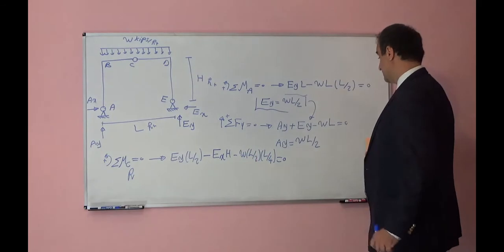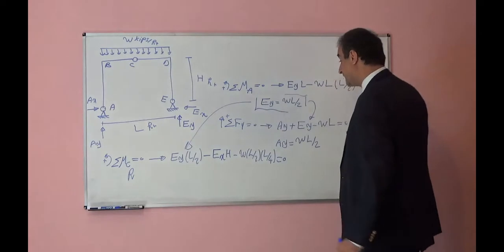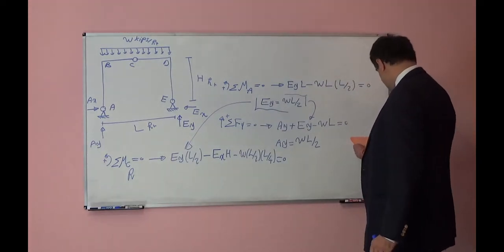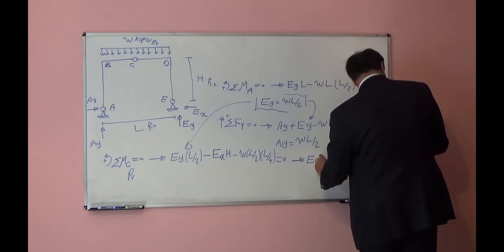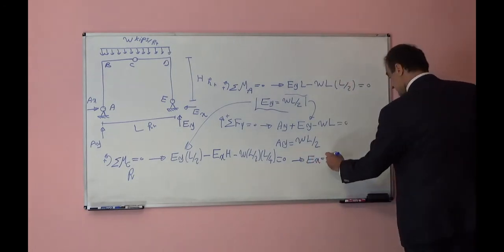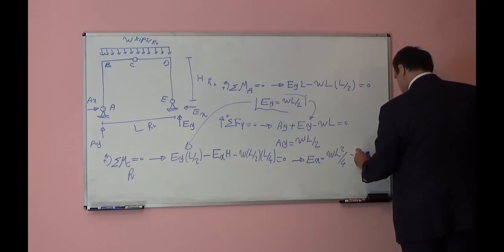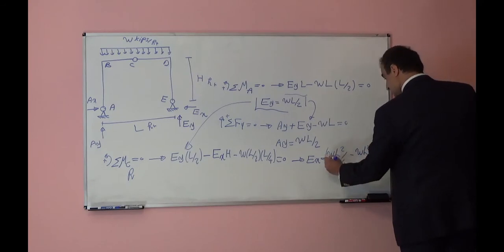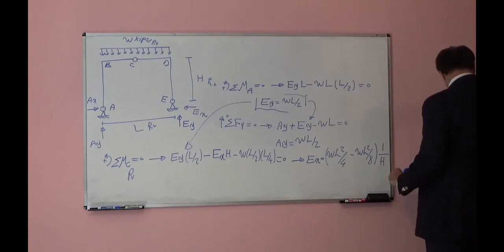From here, because we have EY, I can plug here. I can find EX. EX will be equal to WL squared over 4 minus WL squared over 8 all divided by H, so I can write times 1 over H.